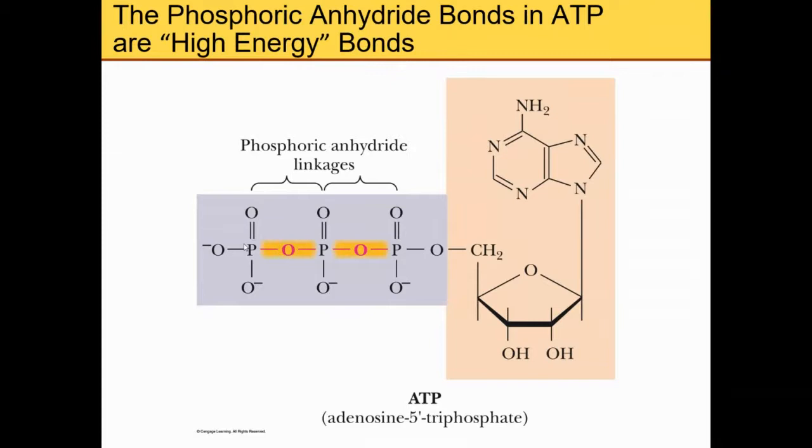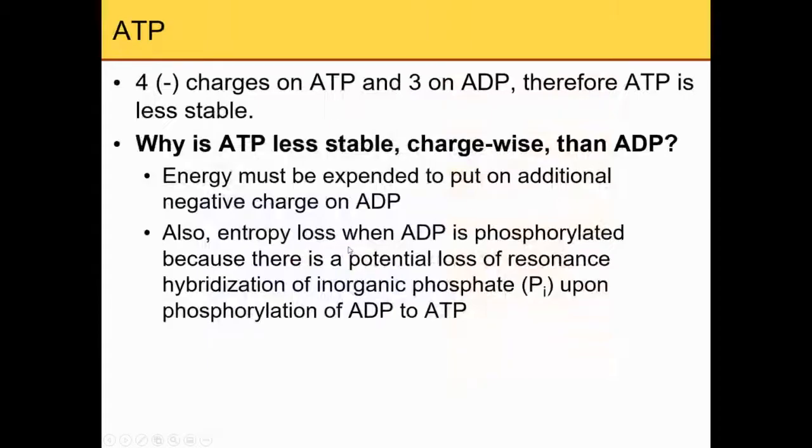These are the high energy bonds, and the high energy bond refers to the fact that they require or release a convenient amount of energy depending on the direction of the reaction. If you're going to phosphorylate it, then you're going to supply the energy. If you're going to dephosphorylate, then you're going to release the energy. Okay, so that's why we say these are the high energy bonds.